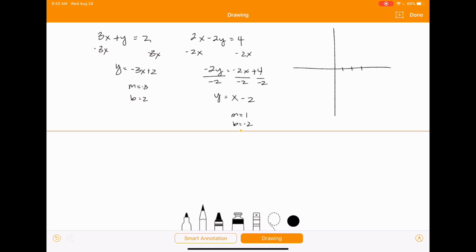So we'll go ahead and graph this first one over here. So 2 is going to be our y-intercept. And then we're going to go down 3, over 1 in the positive direction. Down 3, over 1.